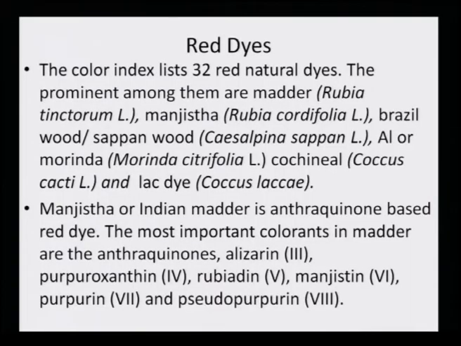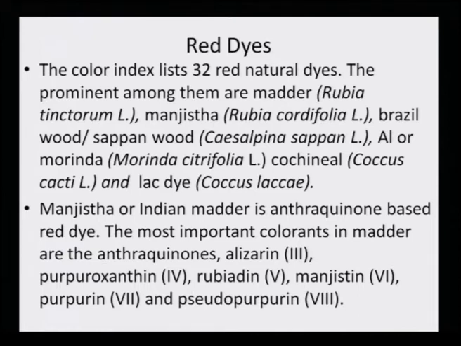The prominent among them are madder, which is Rubia tinctorum, Manjistha, which is Rubia cordifolia, Brazil wood or sappan wood, which is Caesalpinia sappan, Al, which is Morinda citrifolia, cochineal, which is Coccus cacti, and lac dye, which is Coccus lacca. Now, these are the various sources of red dye.